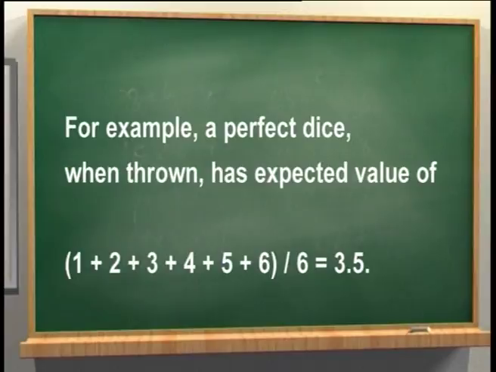For example, a perfect die when thrown has an expected value of (1 + 2 + 3 + 4 + 5 + 6) divided by 6, that is 3.5.